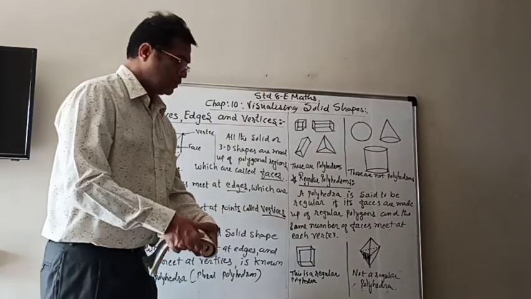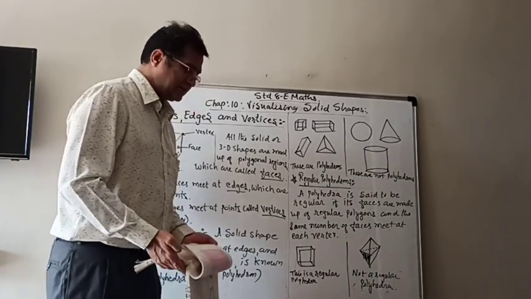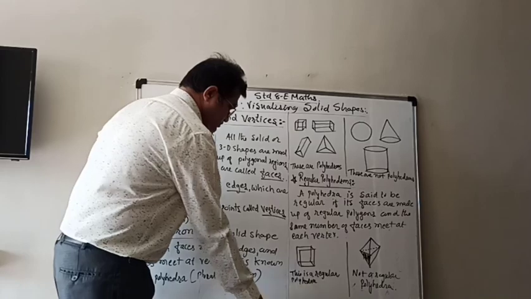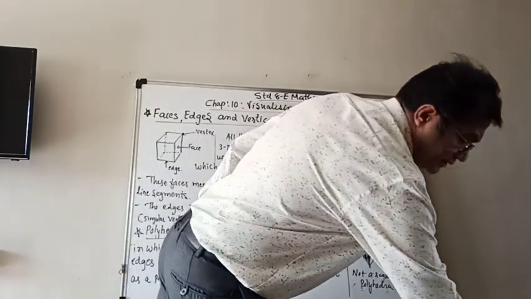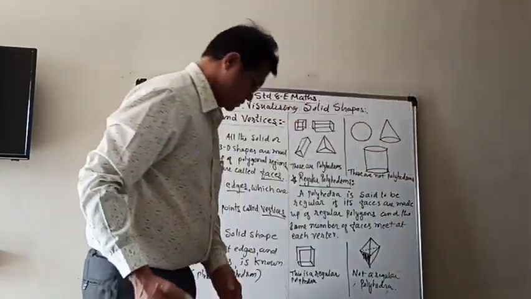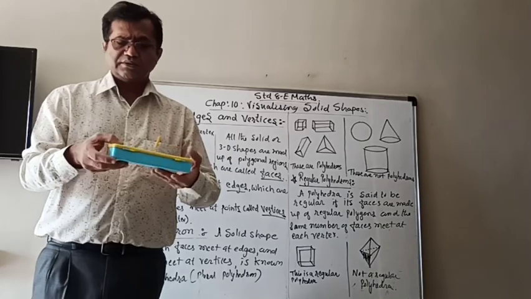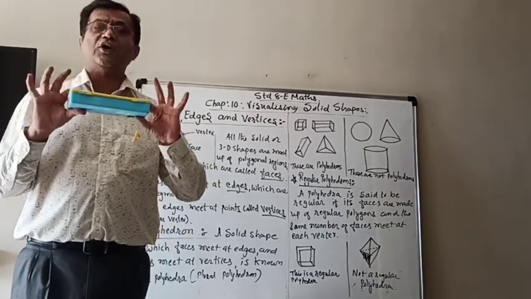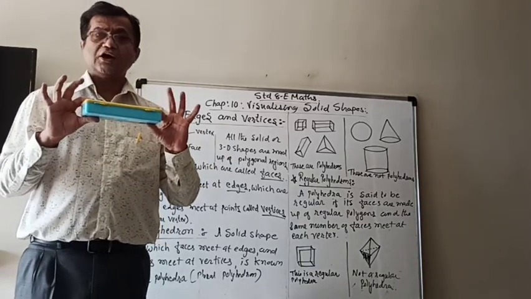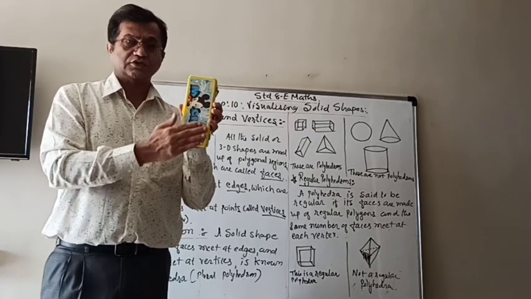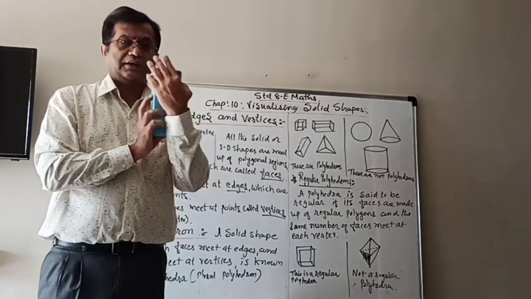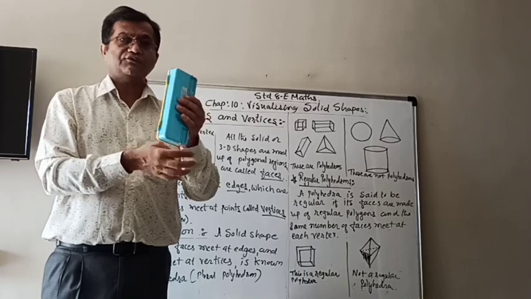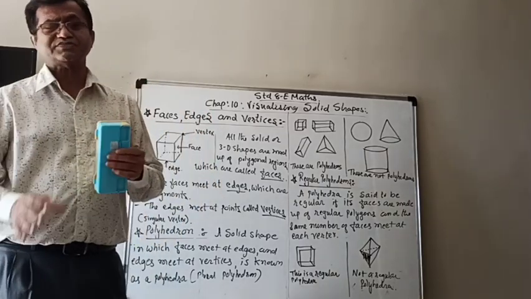Let me explain it in a better way by taking an object. Let us understand. It looks like a cuboid. It has 6 surfaces: 1, 2, 3, 4, 5 and 6.